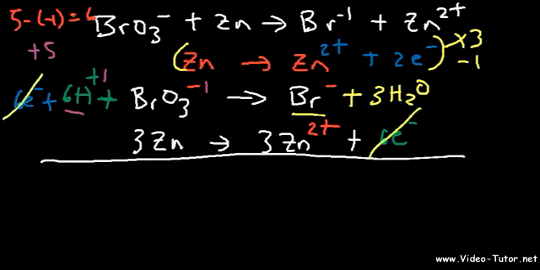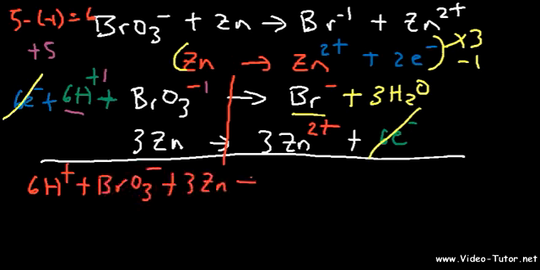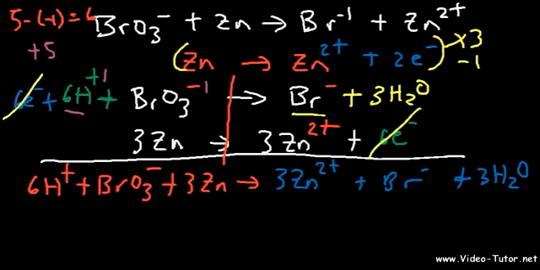The electrons will cancel, and everything on the left side simply falls down to the left side. So we have 6H+ plus bromate plus 3Zn yields 3Zn2+ plus Br- plus 3H2O. And now that reaction is balanced.